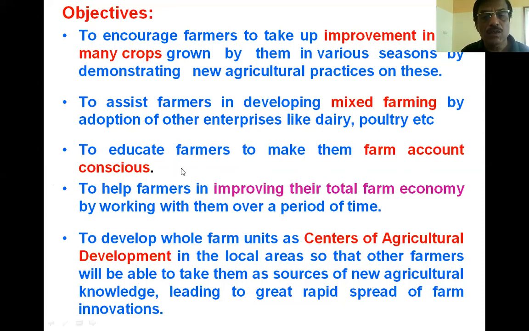This is the only method through which we can make the farmers farm account conscious, helping the farmers to improve their total farm economy by working with them over a period of time, at least for 3 years.